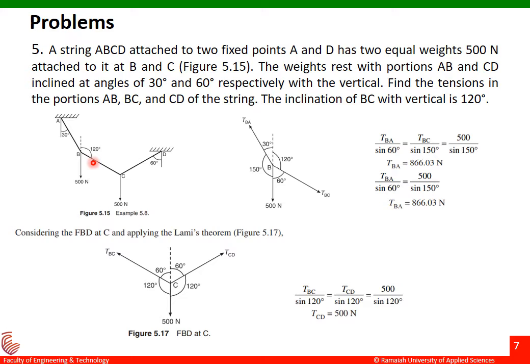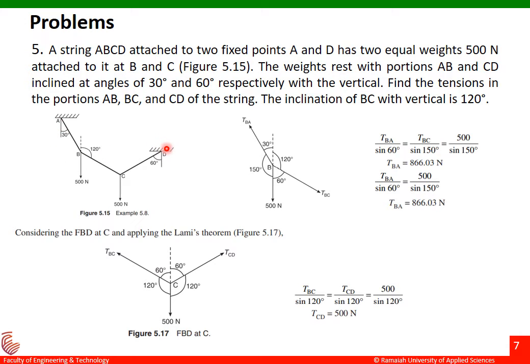Let us write the free body diagram of this question here. This is my free body diagram. I'll explain how. How many free body diagrams do we have to draw here? As I explained in the previous slide, if the number of forces is more than 3, we cannot apply Lami's theorem. In this case, at point B we cannot apply Lami's theorem, and at point D also we cannot apply Lami's theorem.